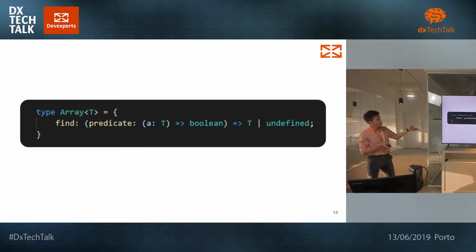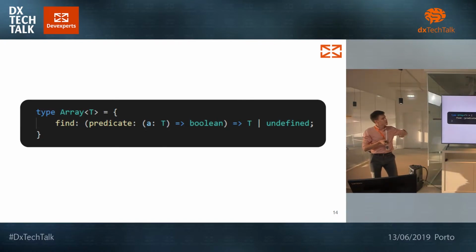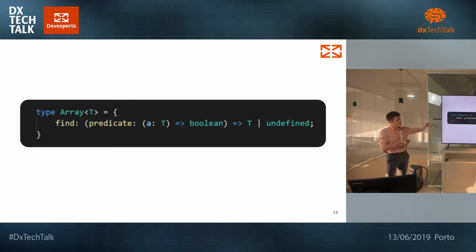So this type Array has a method called find, which is a function. And as its only argument, it also takes a function, a predicate function, which accepts one argument of type T, of our elements, and gives us a boolean, and the whole find function gives us our found element of type T, or undefined. This vertical line in TypeScript means or.